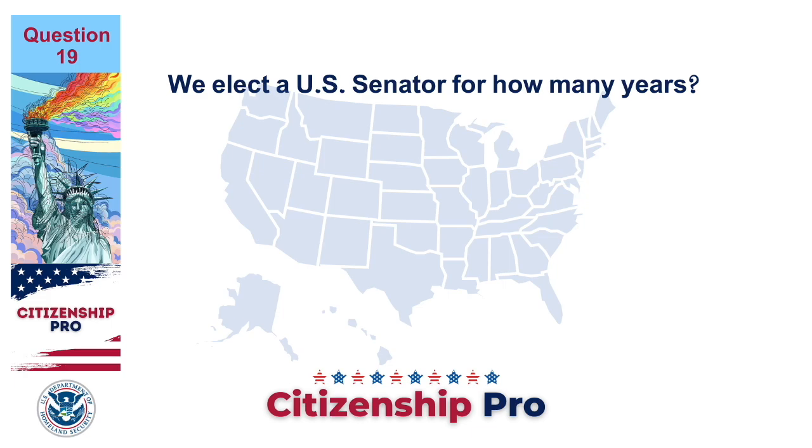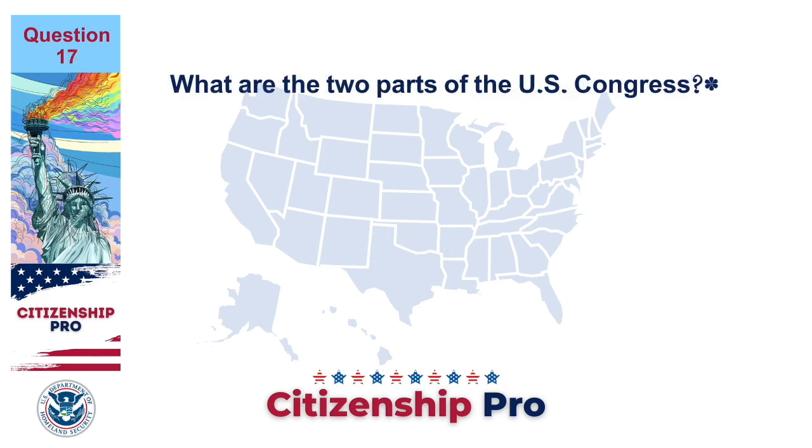We elect a U.S. Senator for how many years? Six. What are the two parts of the U.S. Congress?